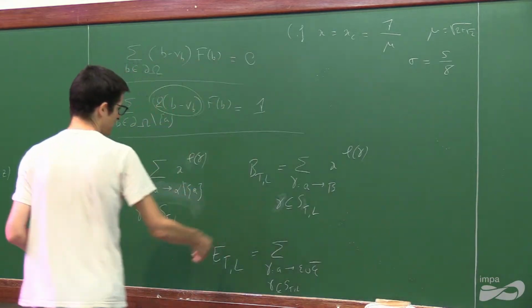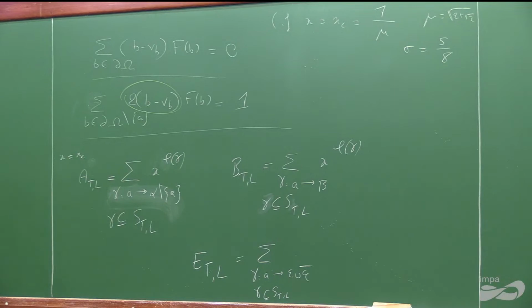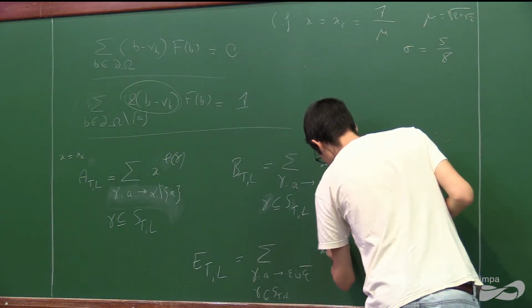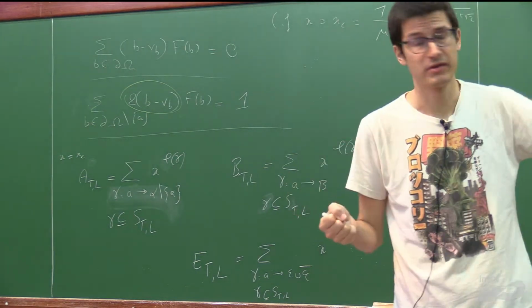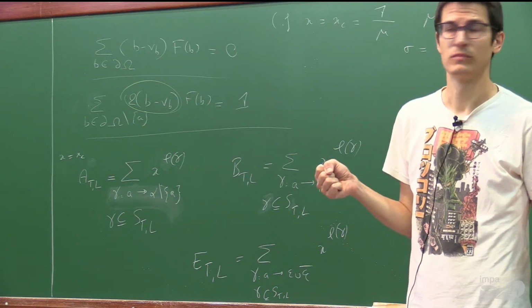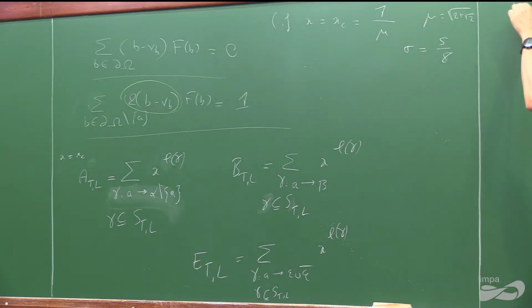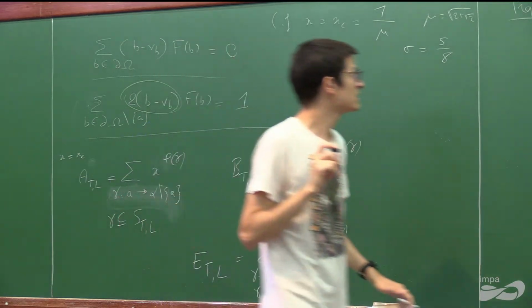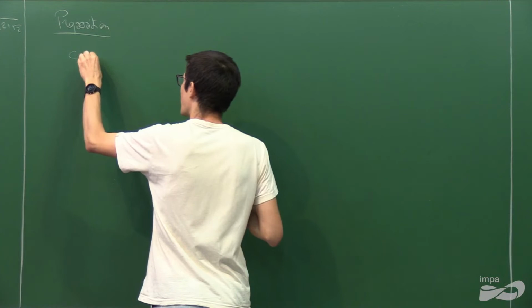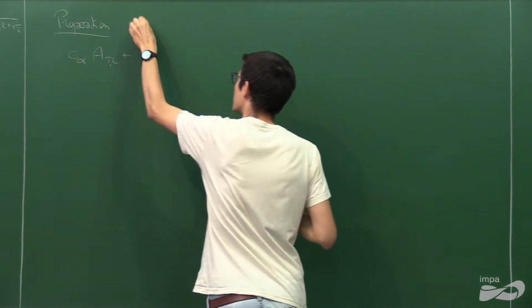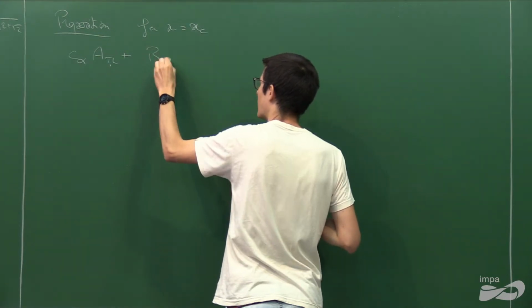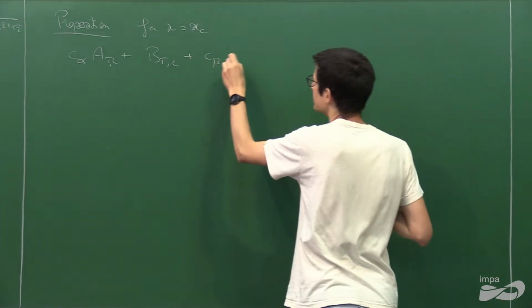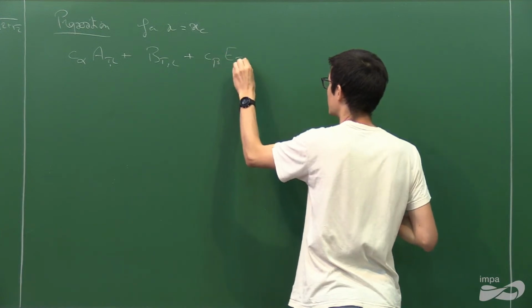So if I take the sum of these three things, I'm just summing x to the L of gamma for all the paths that start from A and end up somewhere on the boundary of the box, which is not A. And the first important thing we are going to see today, which is just a reformulation of this, is that for x equal xc, C alpha ATL plus BTL plus C beta ETL is equal to 1.